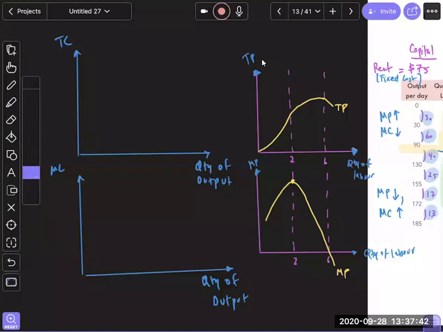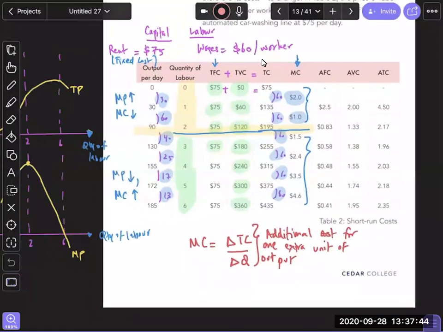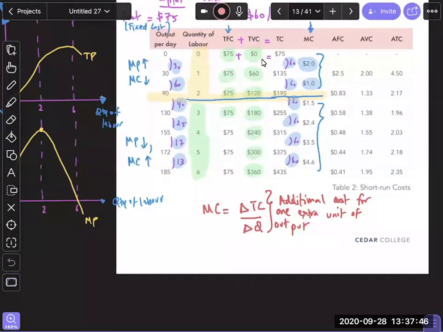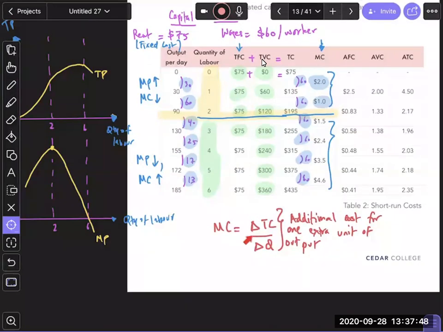Okay, Haris, you want to know what marginal cost is? So look at this. Marginal cost is change in total cost over change in quantity of output. So one extra unit, when you made 30 more, change in output was 30, change in cost is 60, 60 over 30. So per unit cost isn't changing by 60.